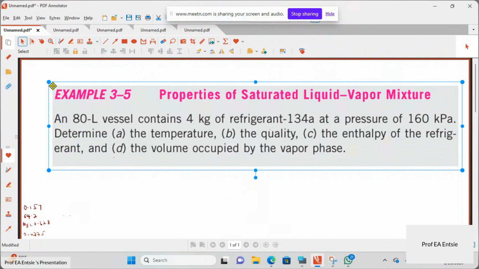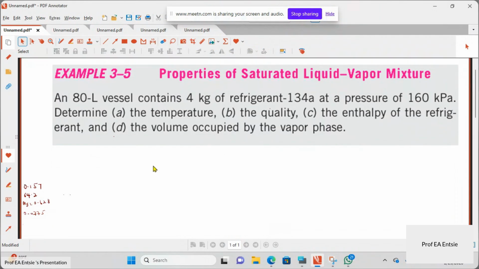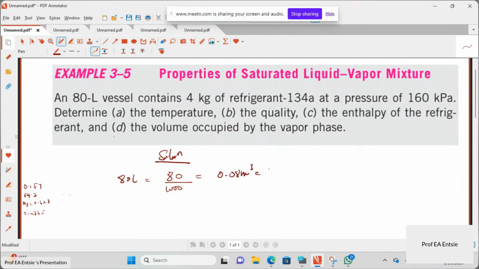I'm not in tune with the unit of 80 liters, so I'll change it to meters cubed. If you want it in meters cubed, divide by 1,000, because 1,000 liters is 1 meter cubed. So I'll get 0.08 meters cubed. This is the total volume of refrigerant that the vessel contains.